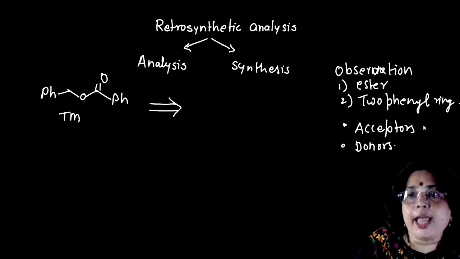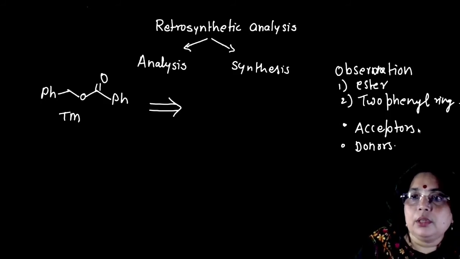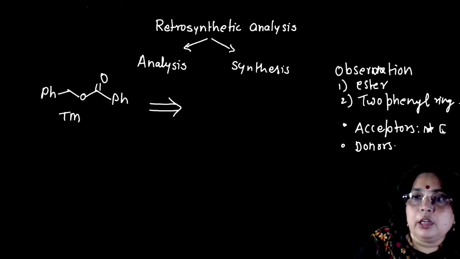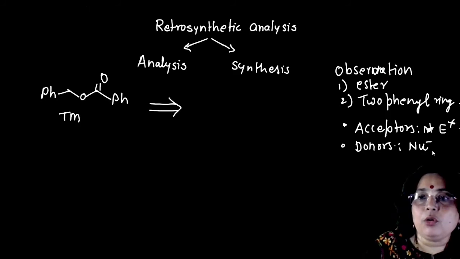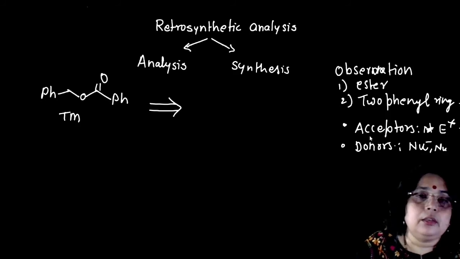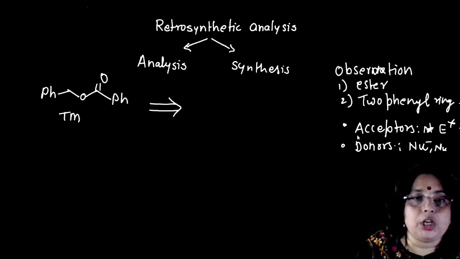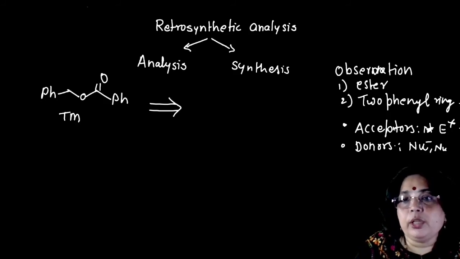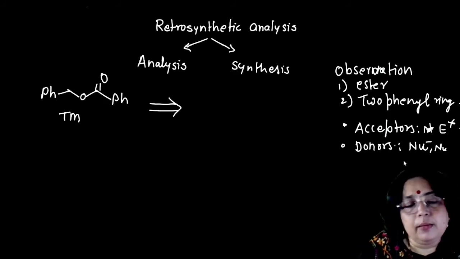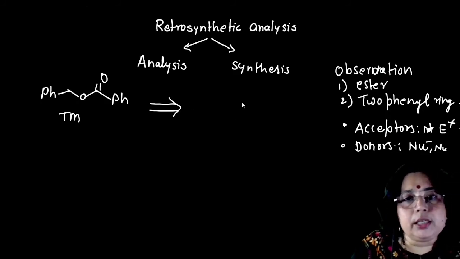The meaning of the acceptors is that they are electrophiles, and the donors are nucleophiles. So nucleophiles can be negative or they can be without charge also. As we know, the benzene ring acts as a nucleophile. All right, so let us identify and cut the molecule.